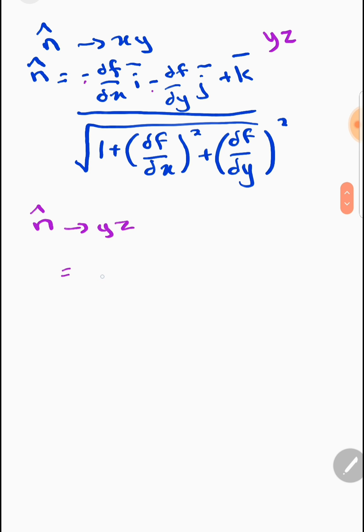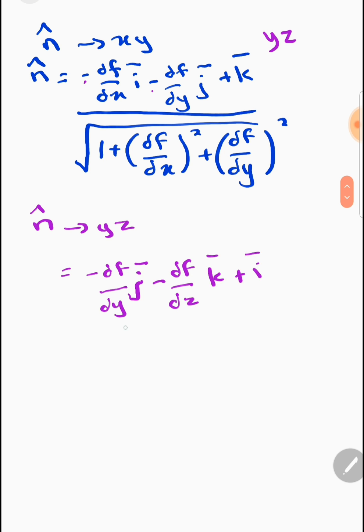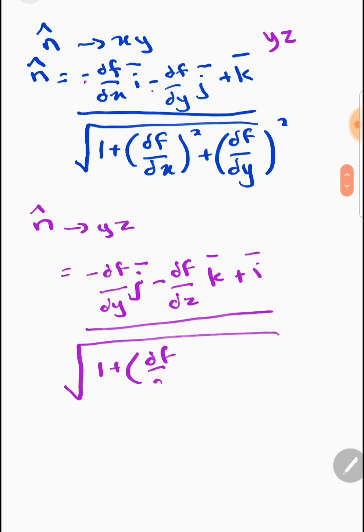So instead now I will have a negative df over, you guessed it right, dy of my j, minus df over dz of my k, plus i, over square root of 1 plus df over dy square plus df over dz square.